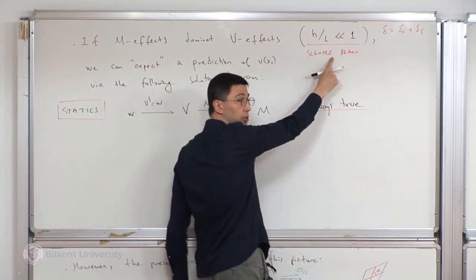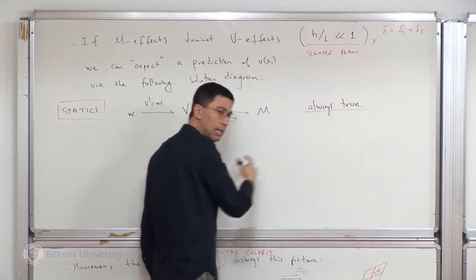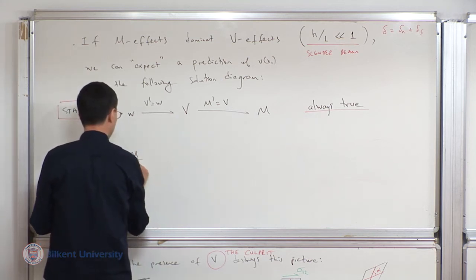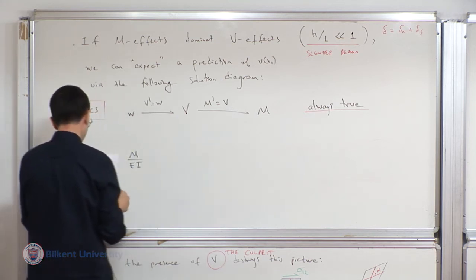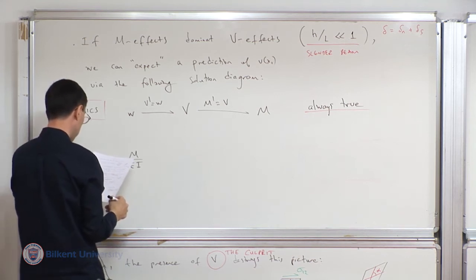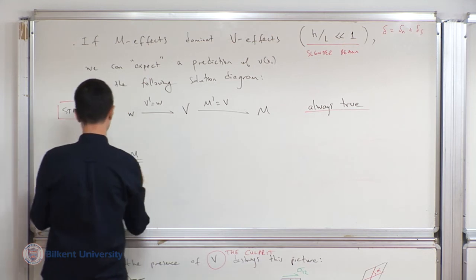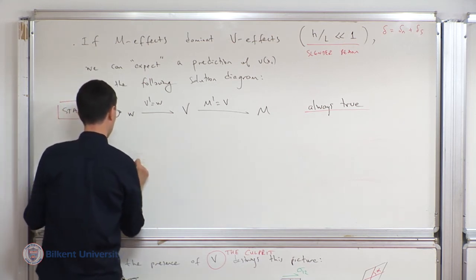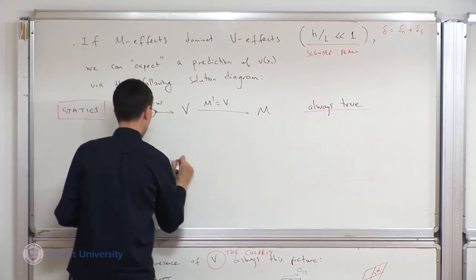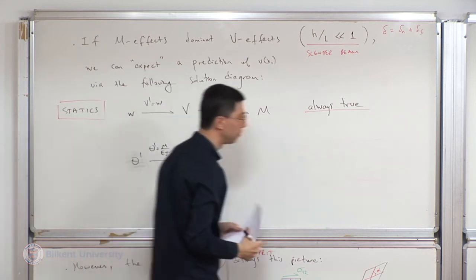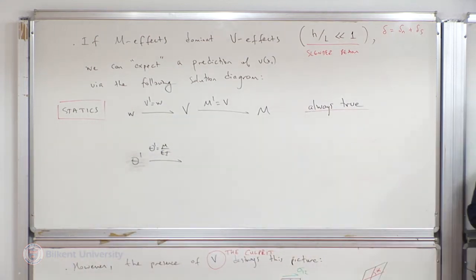It's a good assumption if I have a slender beam. So let me carry them over here and put them in a diagram. What I am saying is that theta prime is equal to M over EI, right?